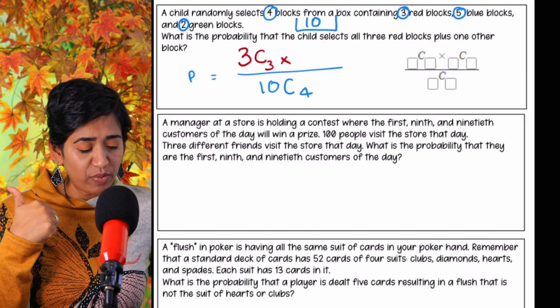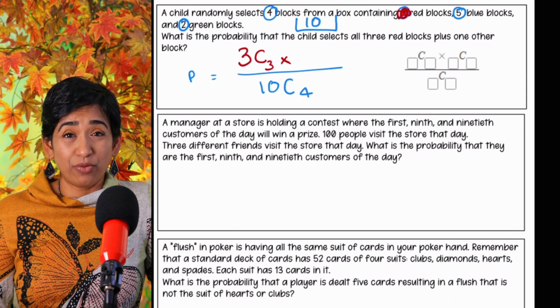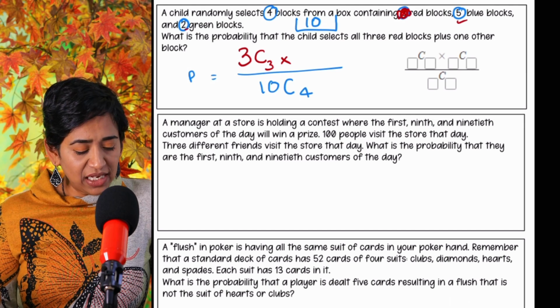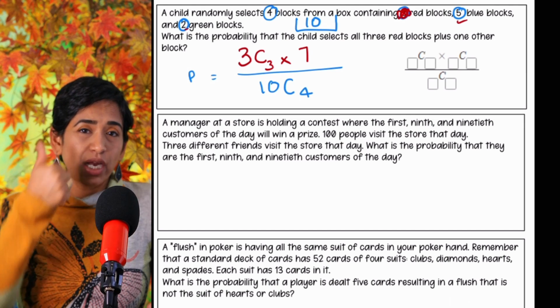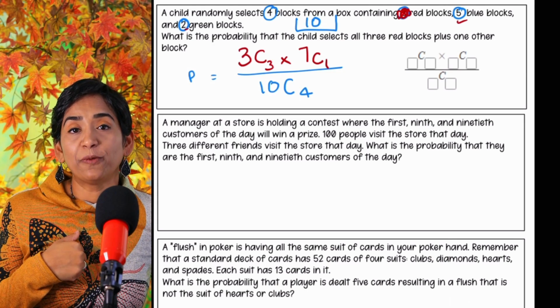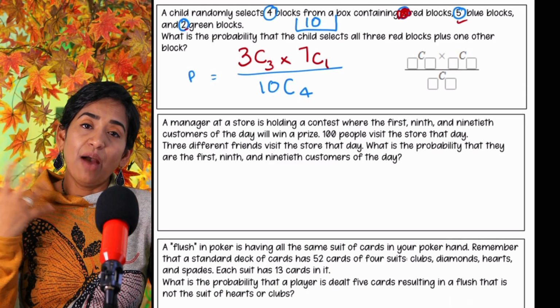And 1 from the remaining. So if I take away the 3 because the child already picked 3 from the 3 red blocks, how many of them are remaining? 5 and 2. So 7. From the 7, the child only has to pick 1. There you go. 7C1.